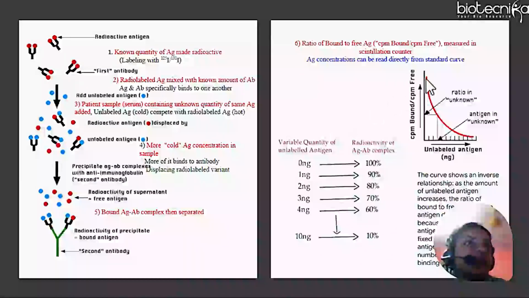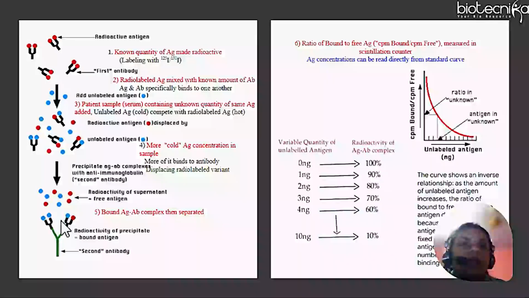So you will generally get a decreasing graph. Decreasing graph means that if your unlabeled antigens are more in number, then as you increase the concentration, you will see that the concentration of the labeled antigen decreases. If the radiolabeled antigen decreases, that means the unlabeled antigens have gone and occupied the primary antibody's binding site.